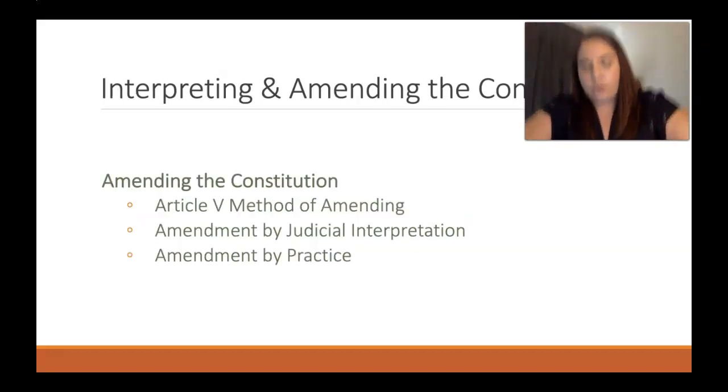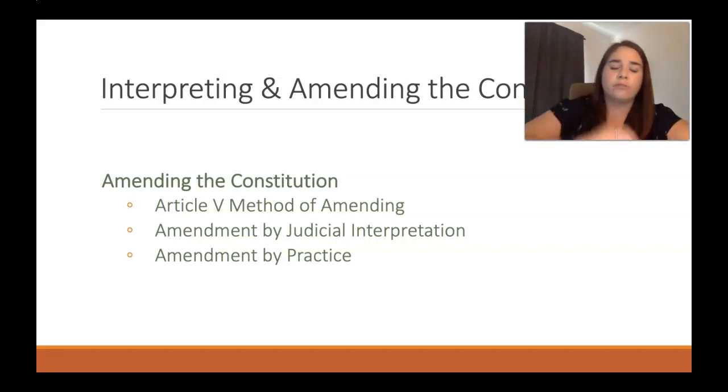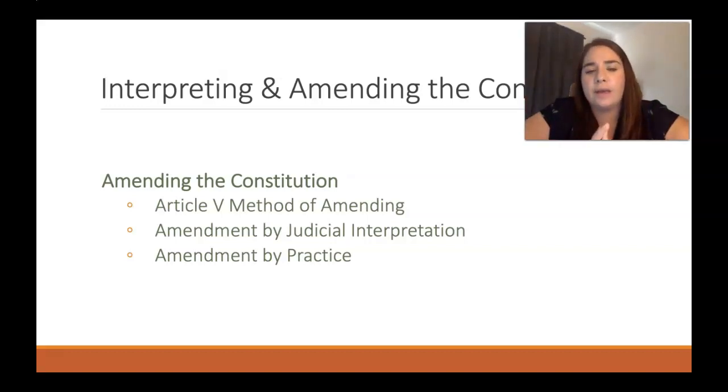And those are also influenced, I would submit, by how hard it is to amend our Constitution. The Article 5 method of amending is where you have to get two-thirds of every state house to vote for the amendment. We haven't done that in many years successfully.